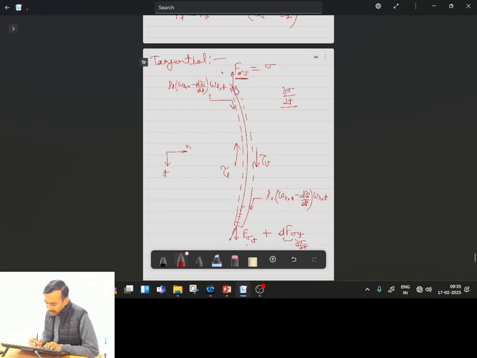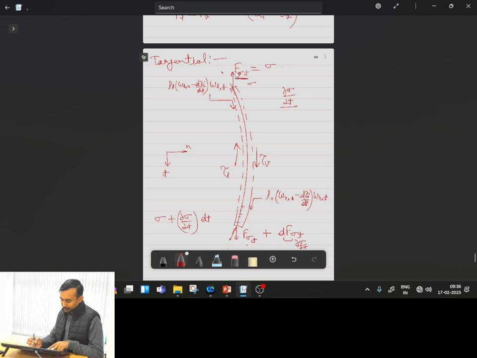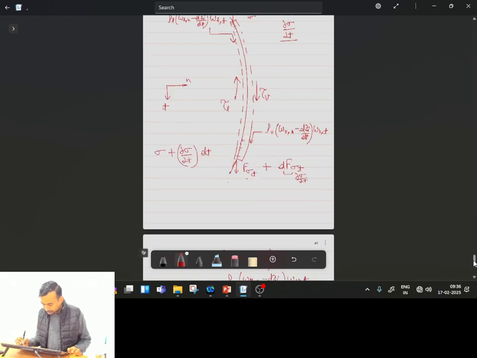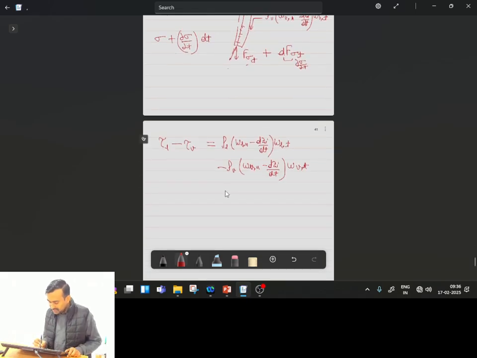Because if at this point my value of surface tension is sigma, then at this point the value of surface tension will be sigma plus del sigma by del t into dt, if dt is the distance from this point to this point. And when I do the balance of this minus this, ultimately I will find that my surface tension force will contribute in terms of del sigma by del t. All are clear with this point? Okay. So please remember this thing.